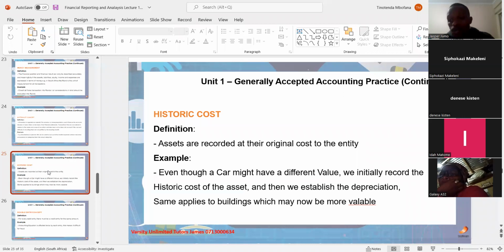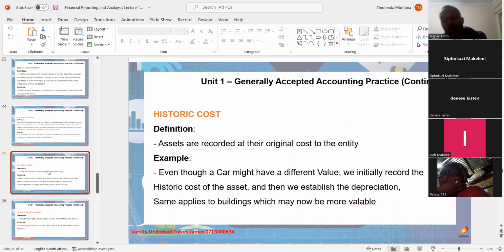So the original cost to the entity is what is recorded in the statements of the organization. Although the value might be different, because you bought the building for 300,000 rand in 2000, now it's worth probably 1 million. But we don't record it as 1 million. Of course, for the actual accountants, you might be arguing that you are wrong there.